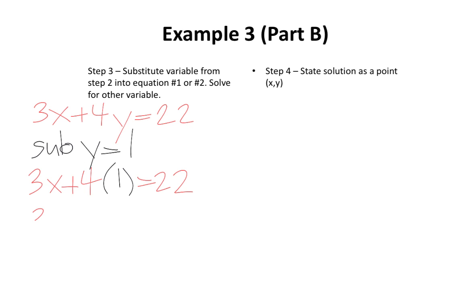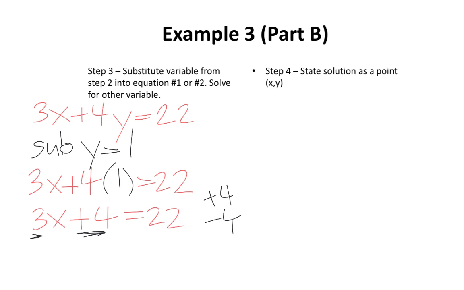So the 3x stays the same. Positive 4 multiplied by 1 is positive 4. And then the 22 stays the same. Remember, you want to isolate x, but x is stuck with this 3 and it's stuck with this positive 4. Let's get rid of the positive 4 first. So the opposite of positive 4 is subtract 4.